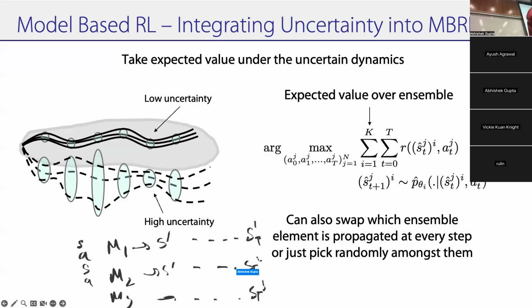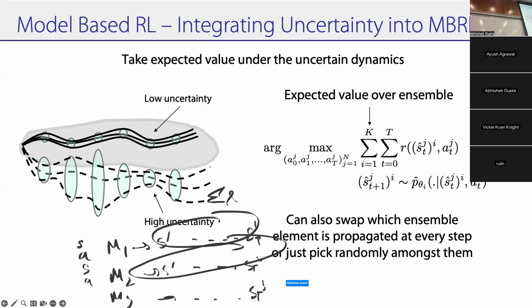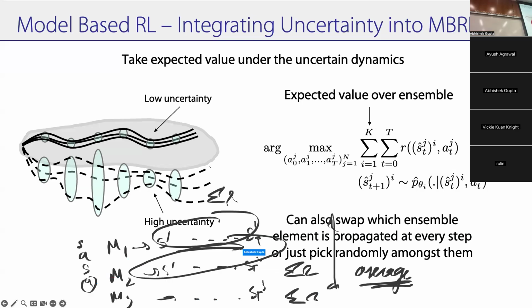So you roll forward for your model to get many different outcomes. Then you take the sum of rewards for each of these outcomes, and then you average them. So to see how good a particular action sequence is, you roll the same action sequence forward through many different models, take their sum of returns, average them, and then try to pick the action sequence that has the highest average reward. In some sense, it's like your expected reward, where there's stochasticity in your model.